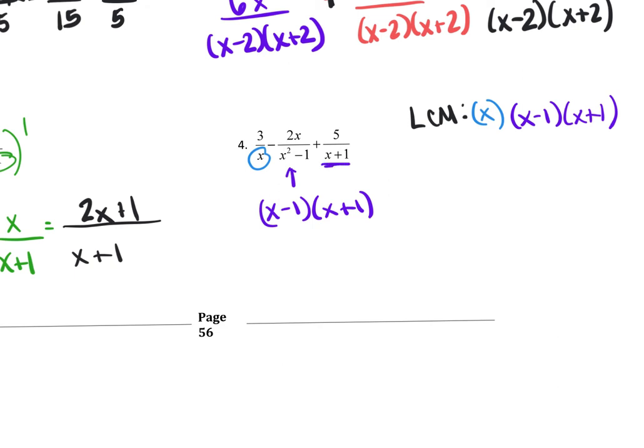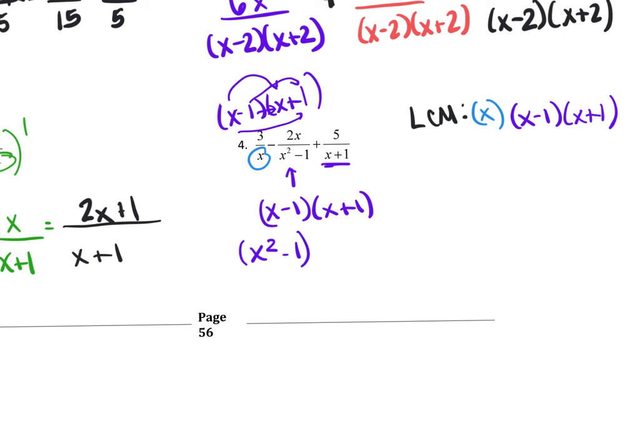So we're going to multiply by what's missing. In this first term right here, we're missing the x minus 1 and x plus 1 that already has the x. So I'll multiply this by x minus 1, x plus 1. And when I do that, just distributing it out right here, it's going to distribute to x squared minus 1.